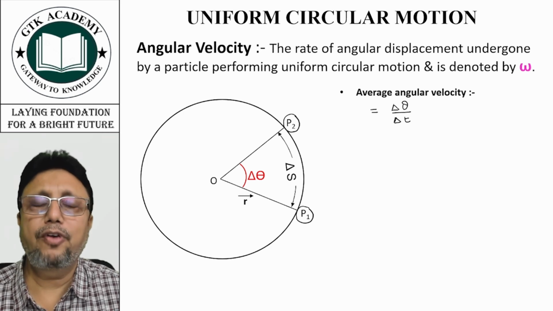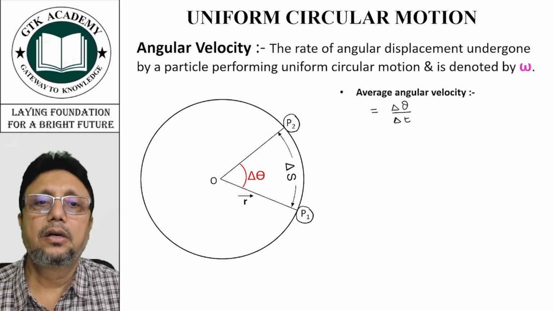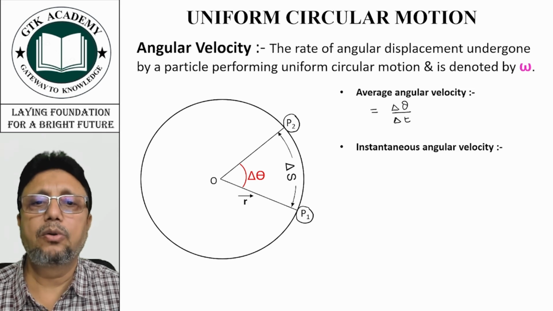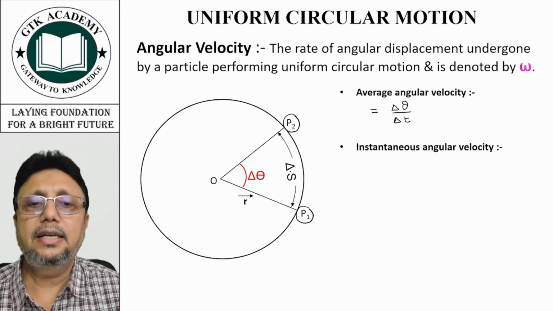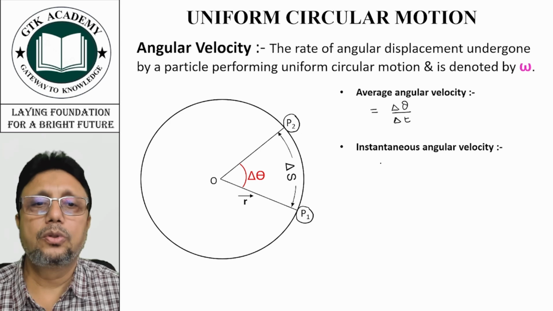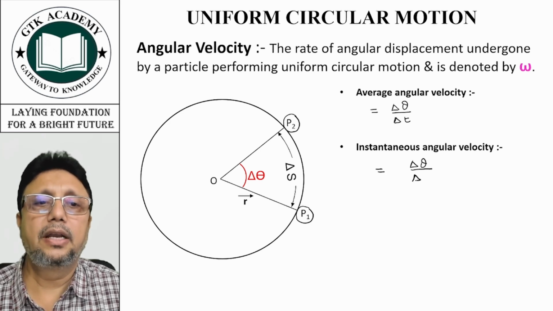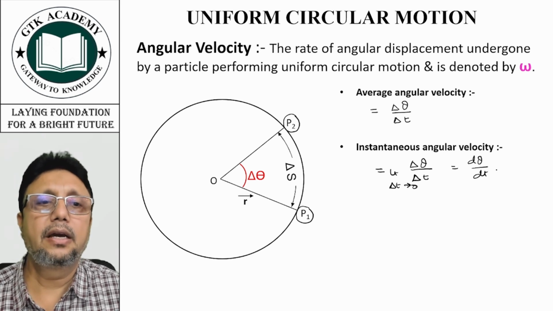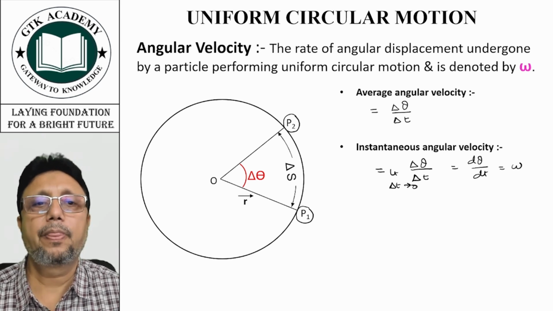You must be familiar with this average and instantaneous. I have discussed this in my previous videos. Now there is another term which is instantaneous angular velocity at any point. So that is equal to delta theta upon delta t, limit delta t tending to 0. This is equal to d theta upon dt, and this is called omega.